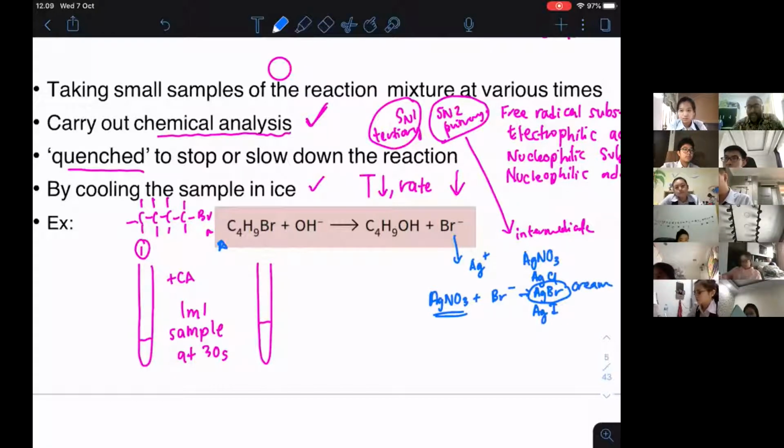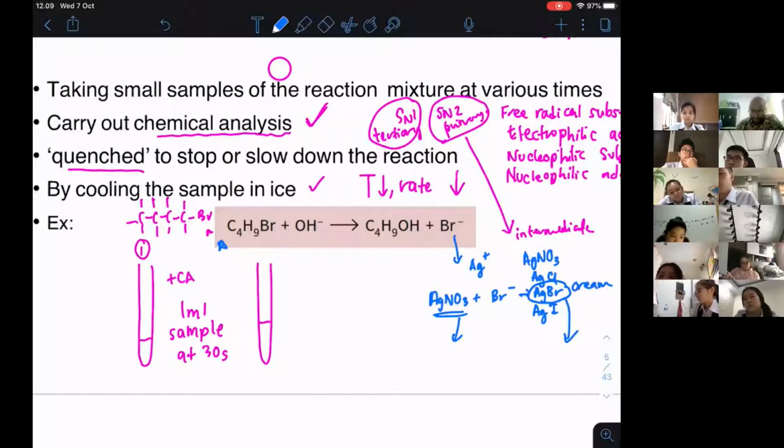If I can find out how fast the precipitate is being formed, then I can relate it with the rate of reaction. Or if I can calculate the concentration, using silver nitrate, of the amount of silver bromide that is being formed, you can do that as well.